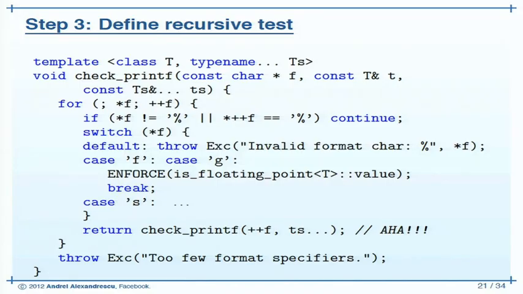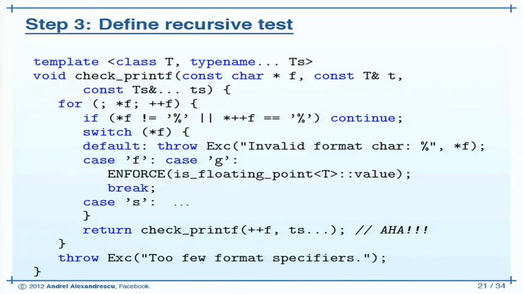And then we're going to iterate through the format string, and we do this same duplicated percent sign, whatnot, continue. Nothing interesting. Here's the interesting part. At some point, before the switch, we found a percent followed by a letter, right? Followed by something that's not a percent. So we say, let me see what's going to happen. If it's an F or a G, that's a floating point thing, right?